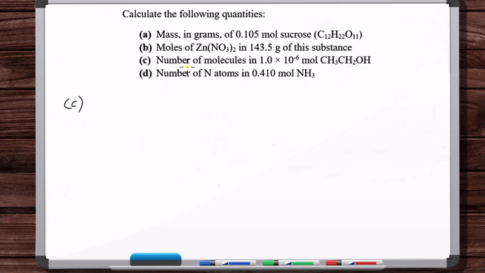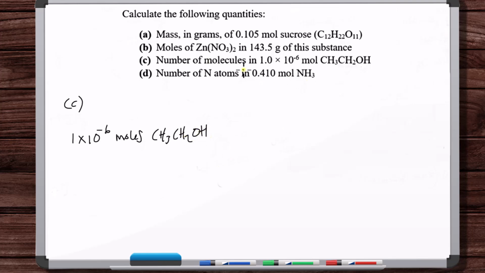How many molecules are in 1 times 10 to the minus 6 moles of CH3CH2OH? Well, this is easy. We're starting off with 1 times 10 to the minus 6 moles of CH3CH2OH.